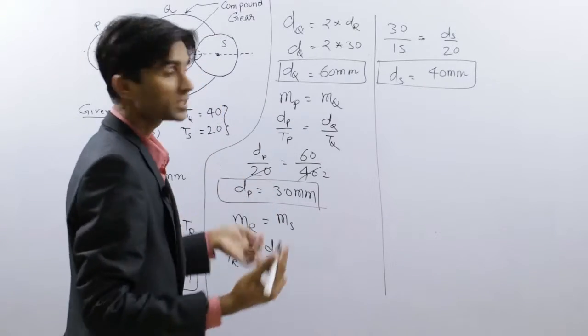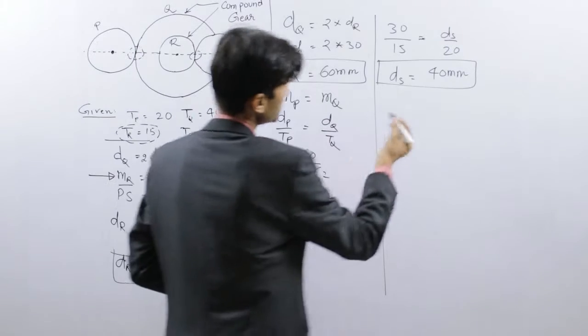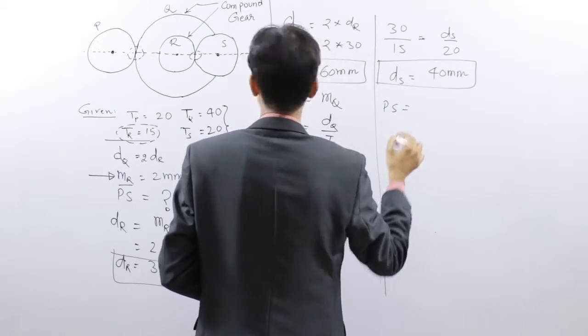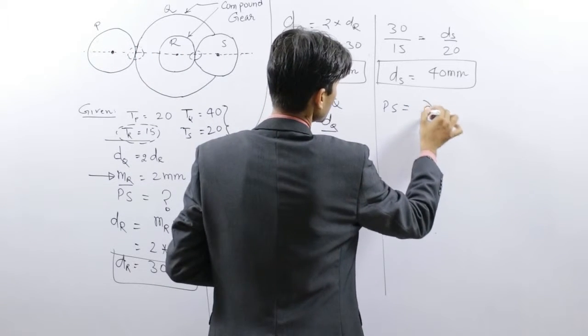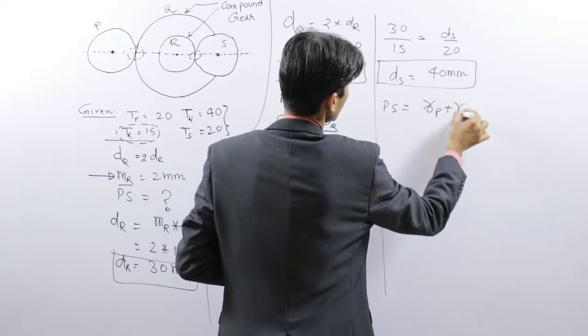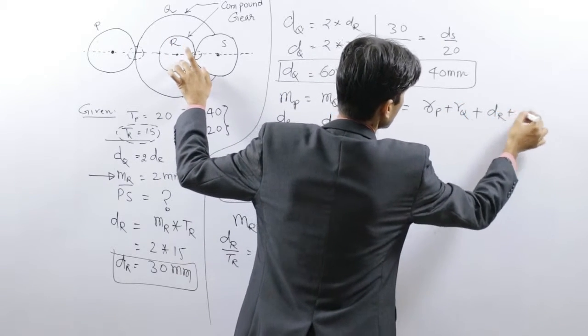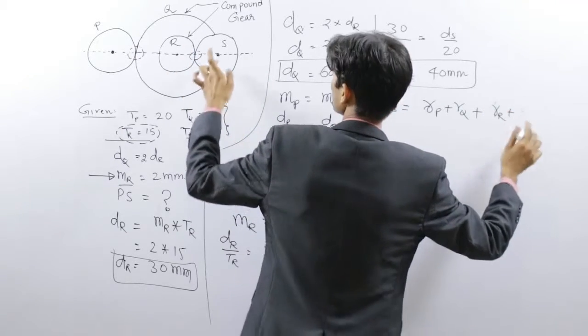So we can add all the distances. In different words, the distance between P and S is equal to the radius of P plus the radius of the bigger gear Q, plus the radius of the small gear R, plus the radius of S.